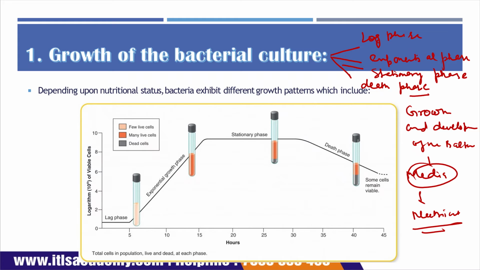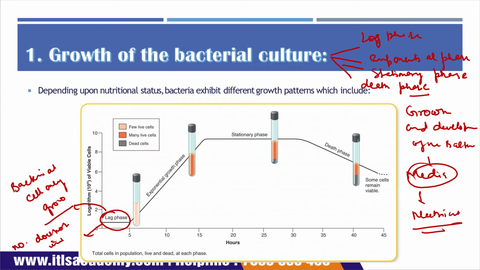Now, in the bacterial growth curve, the first step is what? It is the lag phase. Now, in a lag phase, bacterial cells only grow, but their number does not increase.